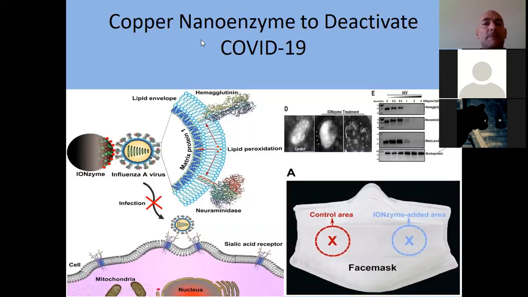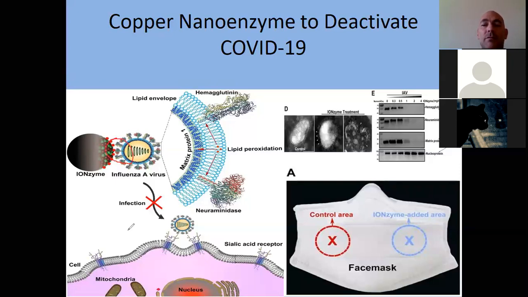So there is also this nanoenzyme concept to deactivate coronavirus that was reported. And this is quite interesting because here they really showed the mechanism of these copper nanoparticles. What happened is that these copper nanoparticles can bind to the virus, okay?